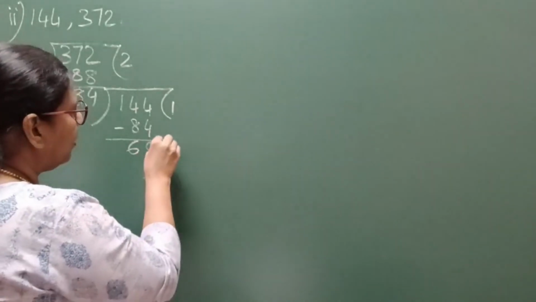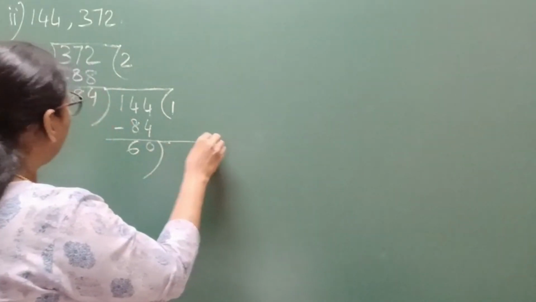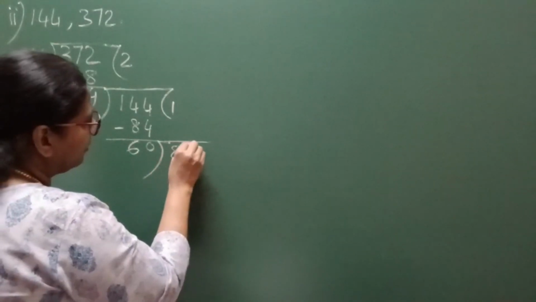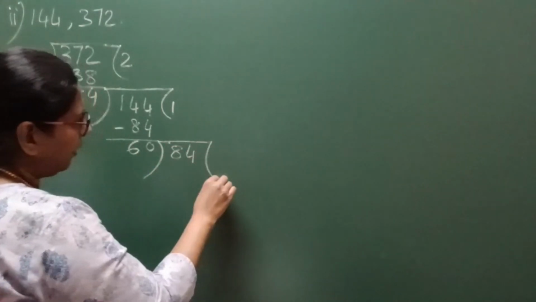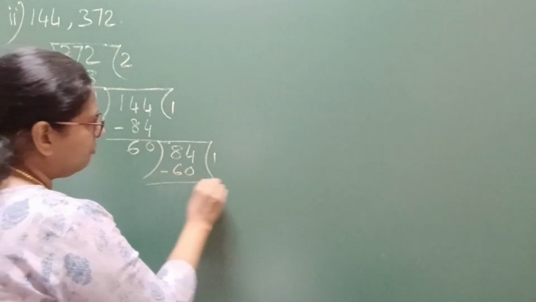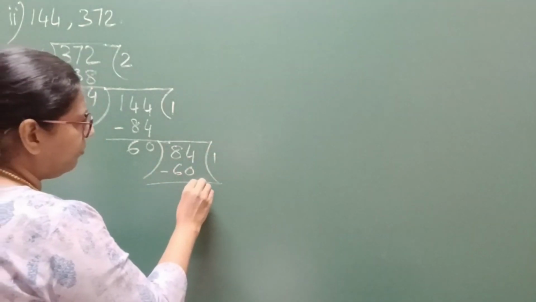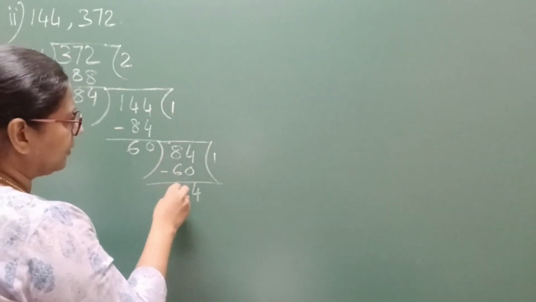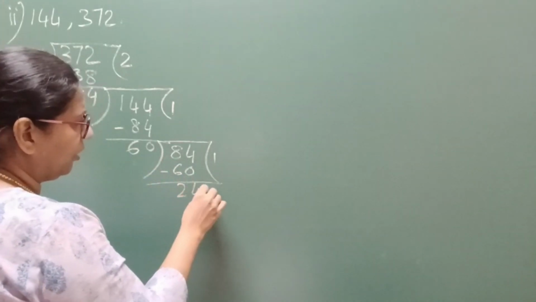That will be our divisor, and 84, the previous divisor, will be our dividend. Again, only one time. 4 minus 0 is equal to 4. 8 minus 6 is equal to 2. 24.